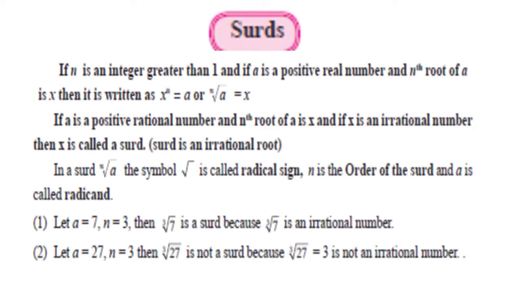Surd. If n is an integer greater than 1 and if a is a positive real number and nth root of a is x, then it is written as x raised to n is equal to a, or nth root of a is equal to x.